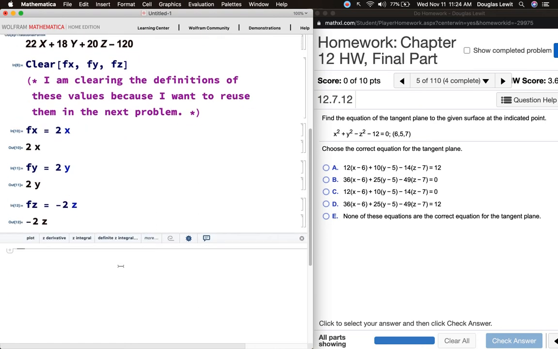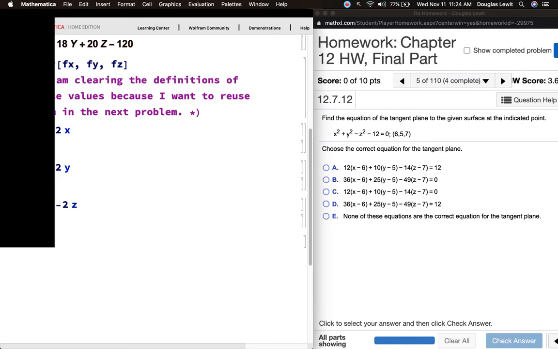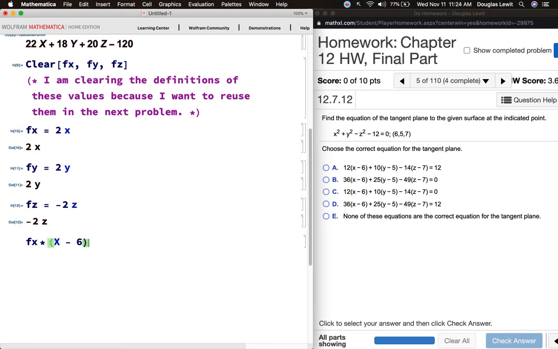Okay. So then we're going to have fx times x minus 6 plus fy times y minus 5 plus fz times z minus 7 is equal to 0.